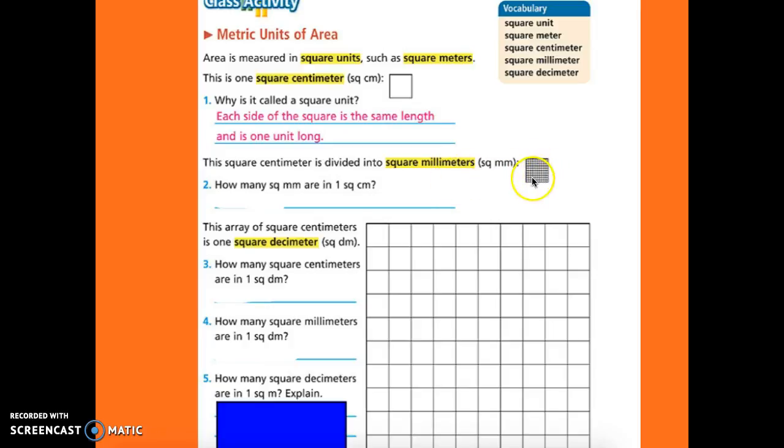Okay, 100 little teeny boxes. So the centimeter can be divided into 100 square millimeters. And if we think back to that chart that we used the other day, it's the same conversion, except we're multiplying the base times the height to figure out how many are in there.